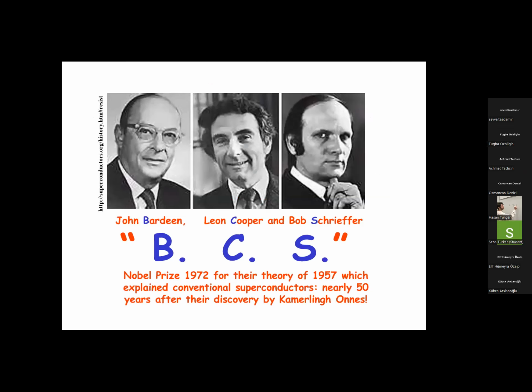Based on this interaction of the electron and the phonon, the theory developed 40 years after the first observation of superconductivity by Bardeen, Cooper, and Schrieffer, the so-called BCS theory, that explained this conventional superconductivity. This is 1957; the first experiment I showed was 1912, so it's 40 years after the observation.